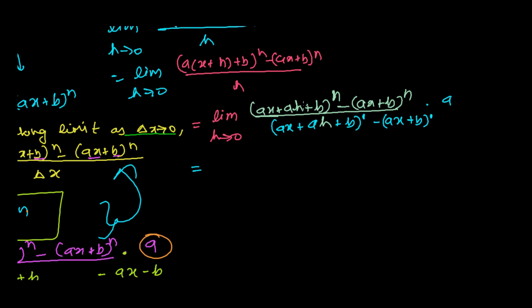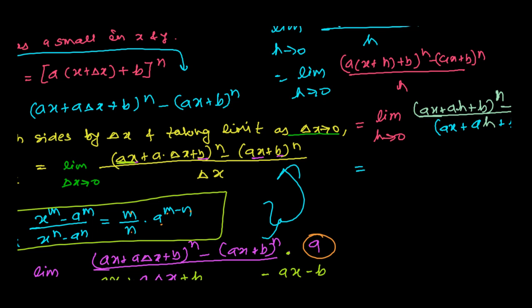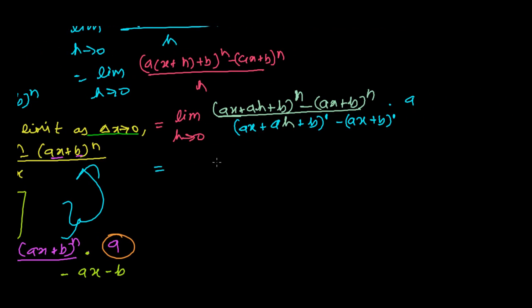This is the formula that I told you here: m by n times a to the power m minus 1. So it's going to be m by n, this is my m and this is my n, times a to the power, that is (ax + b) to the power m minus n. M is here n, so it is n minus, and n is here 1, so it's 1, times this one is left a.